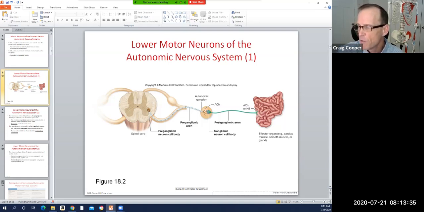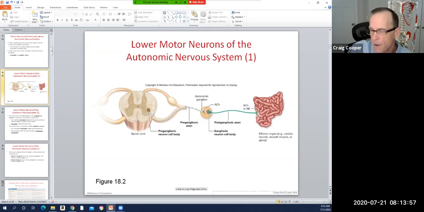Over here on the right, we've got the second axon, that postganglionic axon. It's going to release a neurotransmitter at its target organ, whether that's a blood vessel, the intestine, the stomach, the lungs, whatever. And it will release either acetylcholine or norepinephrine.